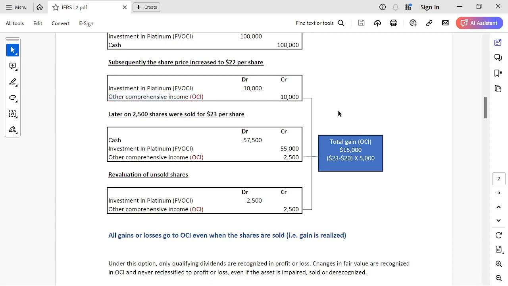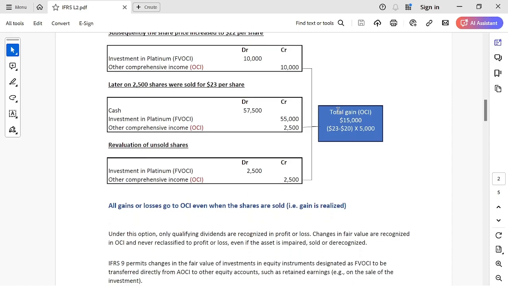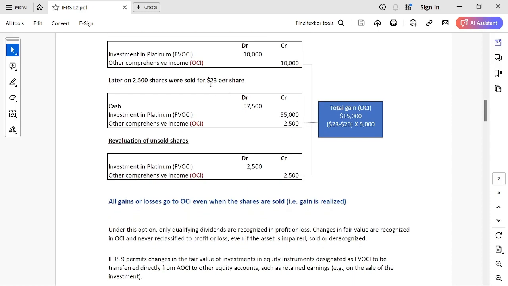Again, even when we sell these shares for $23 as we saw before in the previous example, still we're debiting cash for the 57,500, crediting the investment for 55,000 as we saw before, and still this gain of 2,500 is going to go to OCI, not to profit or loss.